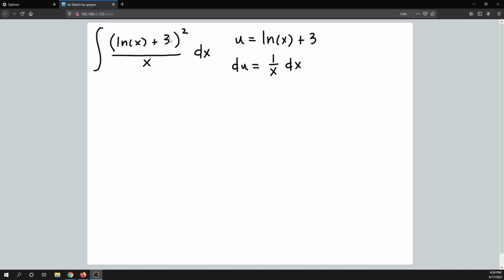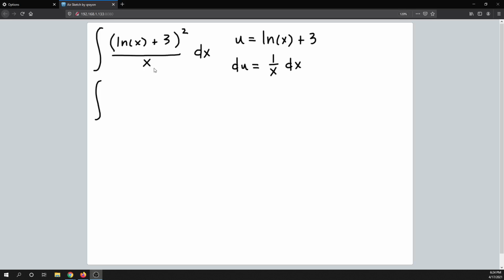The thing that you picked to be u is generally pretty easy on the simpler problems. I picked ln x plus 3 to be u, so all of this stuff that's inside parentheses here is just going to be a u. Oops, before I do that, I don't want to quite do that yet.